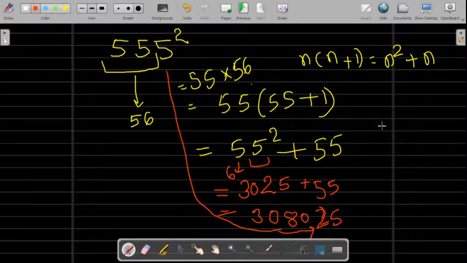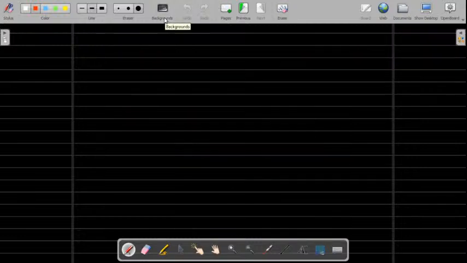You can find the square of a number with the last digit 5. If it is 5, then you can use this trick, right? Next is the square of a number that is greater than 100. Whatever we discussed, if the last digit is 5, then we can use that trick.